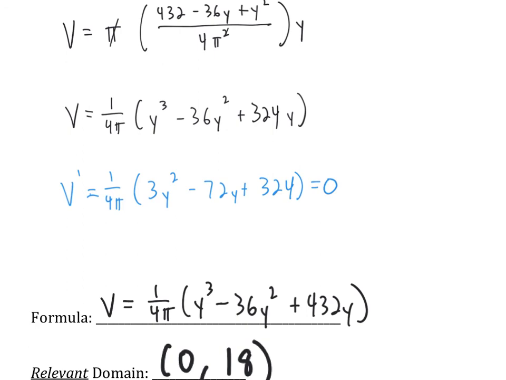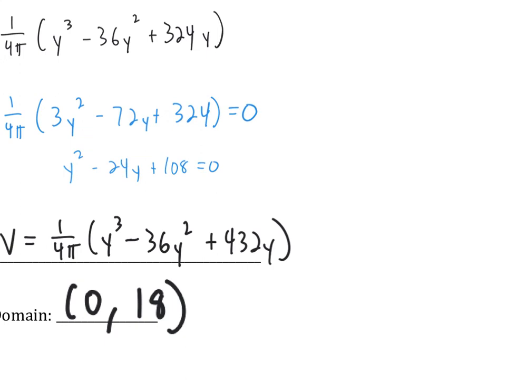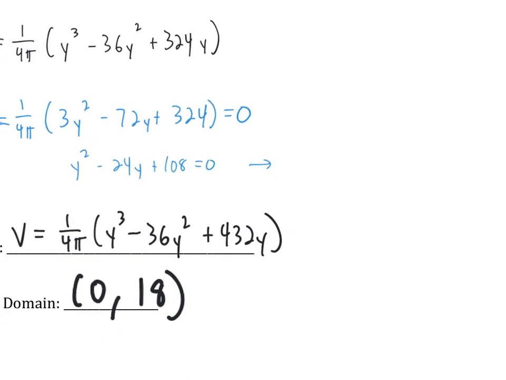Times everything by 4 pi, divide everything by 3, and then just factor that. 6 and 18.